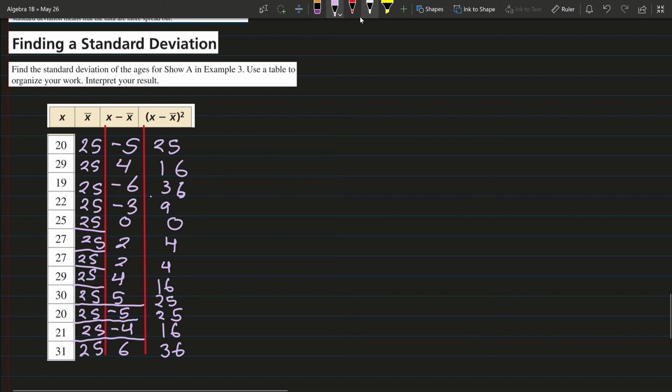So step 4 now. So for step 4, we're going to add these all up again. All right, so let's do that. 25 plus 16 plus 36 plus 9 plus 0 plus 4.